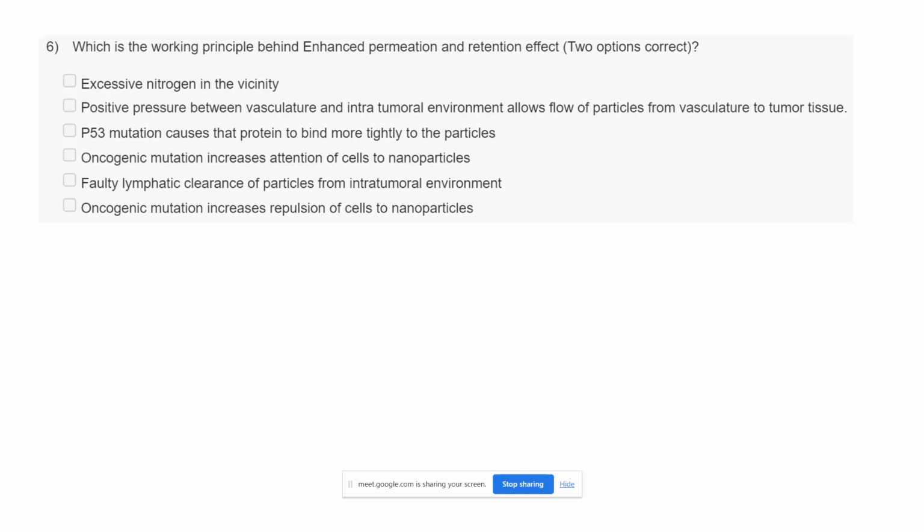Fourth and fifth. Oncogenic mutation increases attraction of cells to nanoparticles, and faulty lymphatic clearance of particles from intratumoral environment. Okay. Anyone else? Anybody else would like to answer this question?